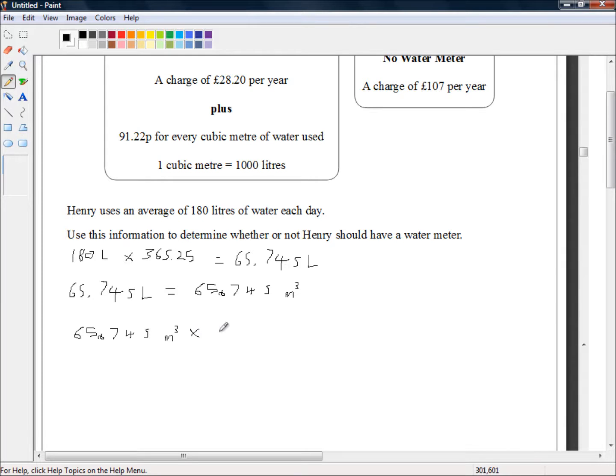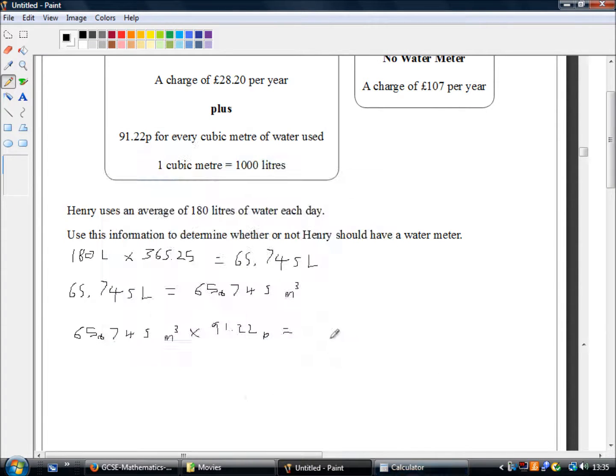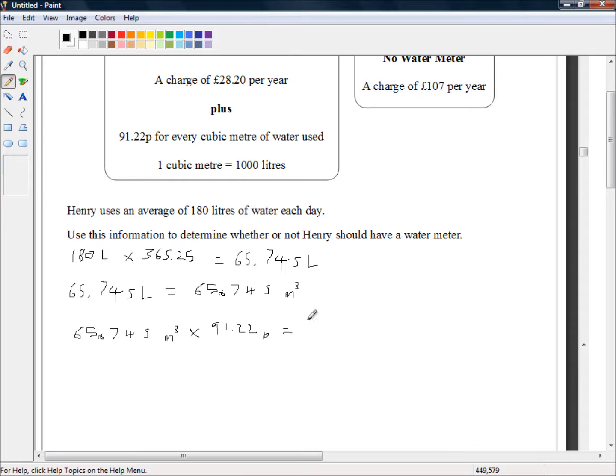So we're timesing by 91.22 pence per cubic metre, which is equal to 5,997 pence, and there's a few fractions of a penny that we don't worry about. So that's 5,997 pence.